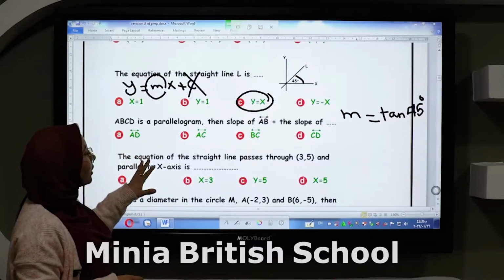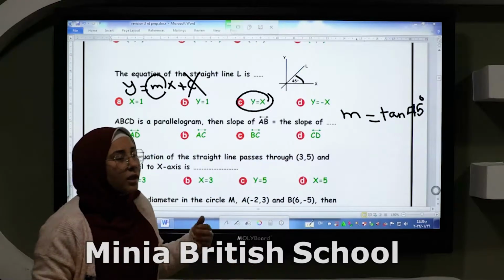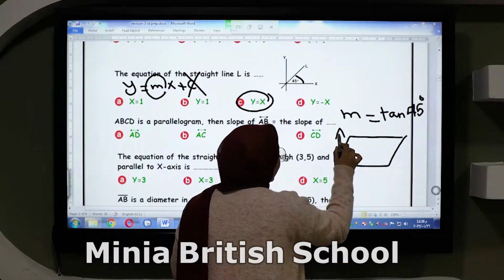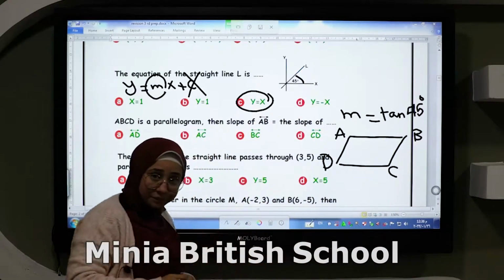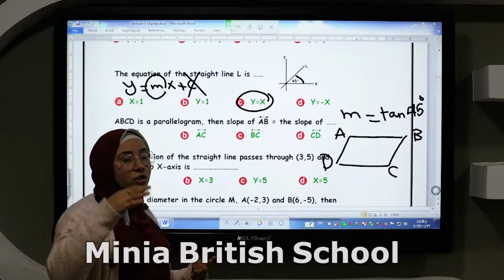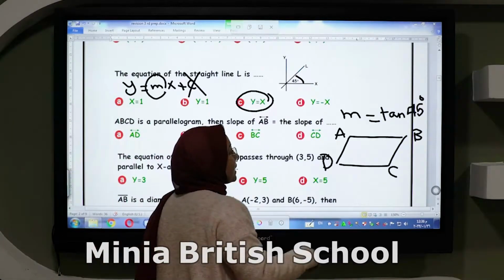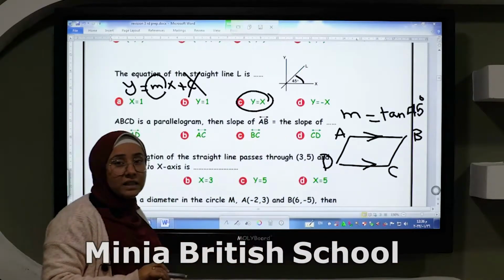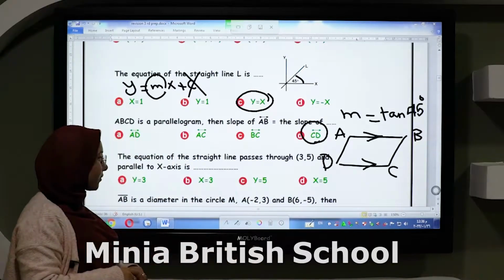ABCD is a parallelogram. Then the slope of AB equals the slope of what? Yes, parallelogram. Okay. A, B, C, D. We know each two opposite sides in the parallelogram are parallel and equal in length. Then AB is parallel to CD or DC. CD here.